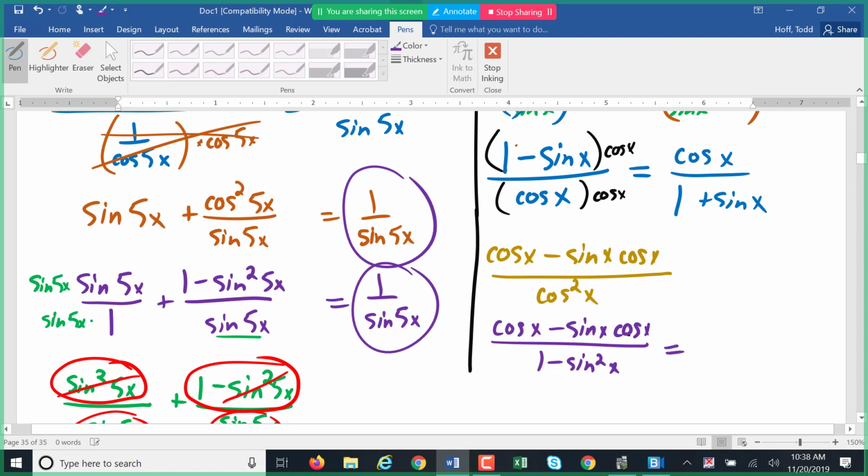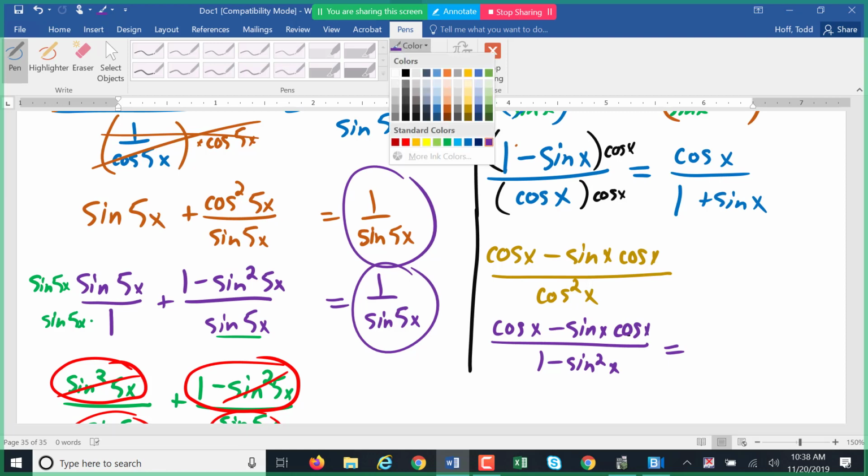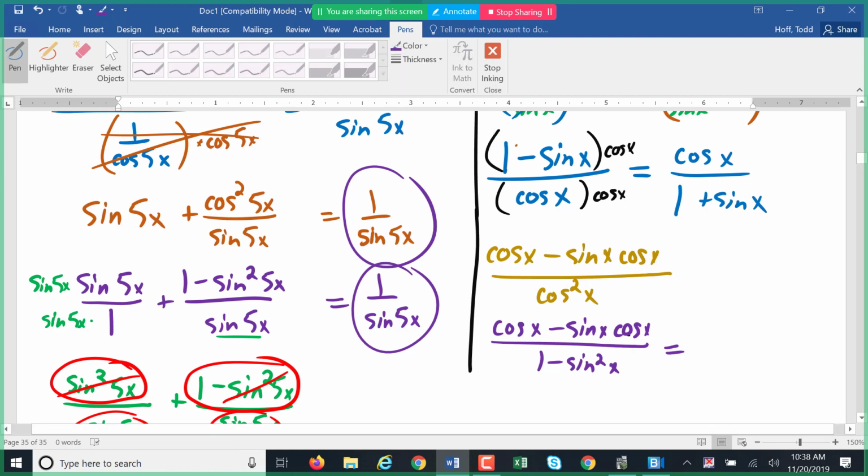Well, let's see what we can do on the other side. Let's multiply both the top and bottom there by cosine x. So the top is going to give us cosine squared of x. On bottom, cosine x plus sine x cosine x.